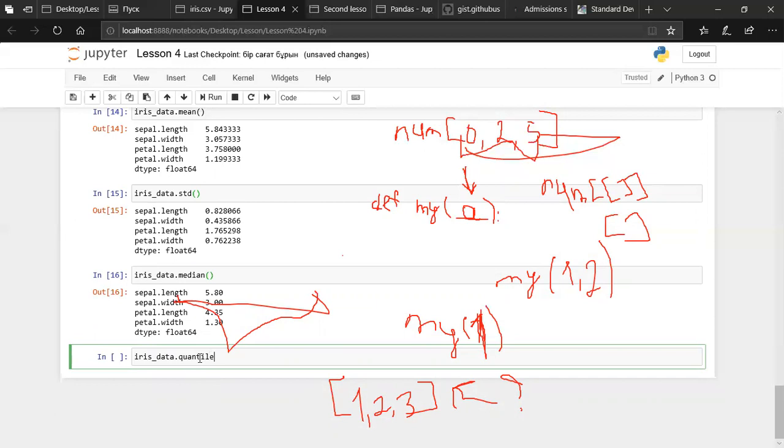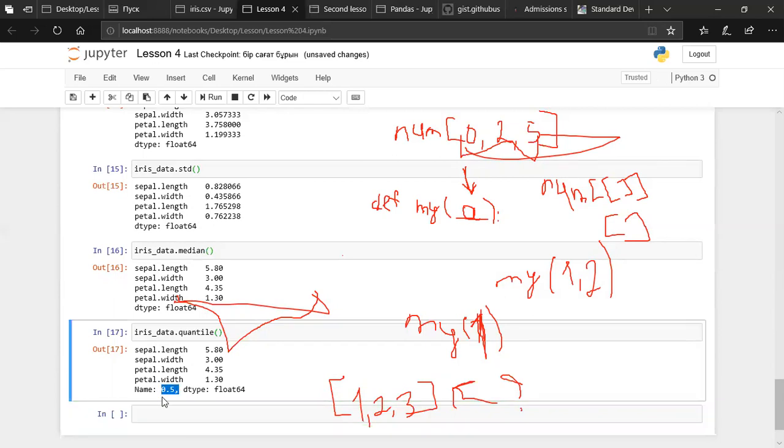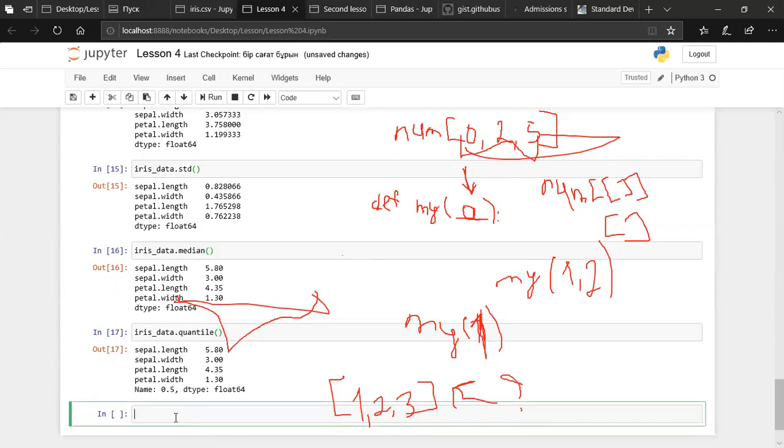Yeah, you got it. The name says 50, so it is 50. So to provide the 25th percentile, you should just write 0.25 as an argument.